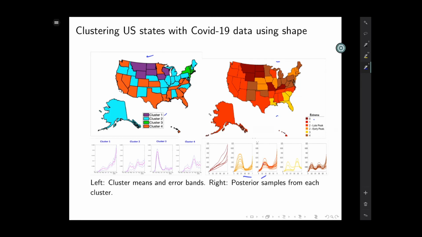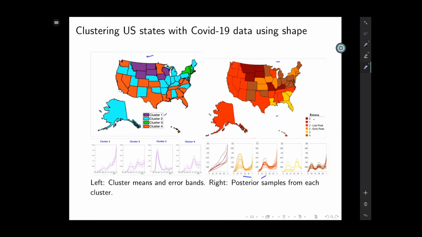But this tells you that it's quite useful to consider shape for functional data as such. So hopefully this is a half convincing at least example saying, well, despite all the difficulties which are there with the geometry of the space and so on, in practice, you could still do something useful with it.